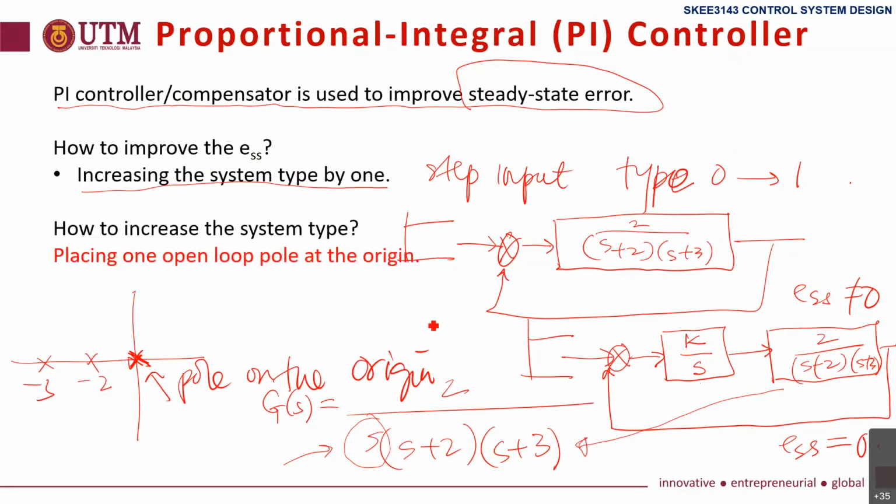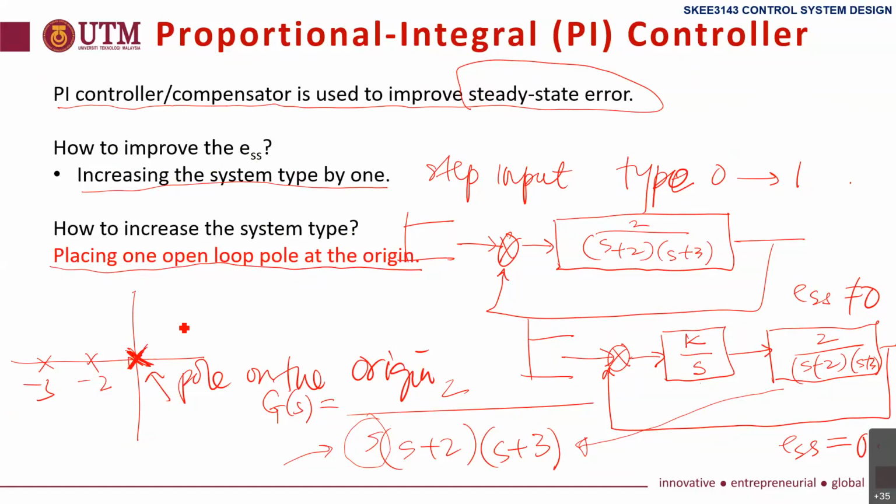Okay, so this is what I meant here. How to increase the system type? By placing one open loop pole at the origin. So PI will add a pole at the origin.